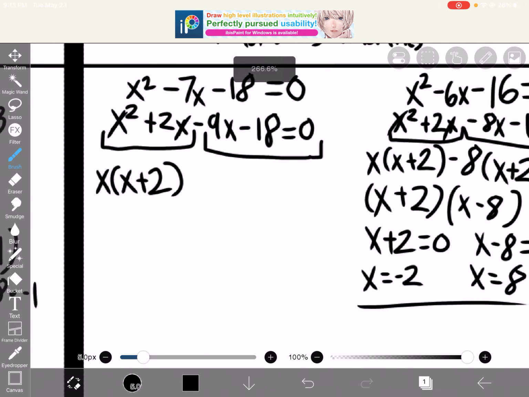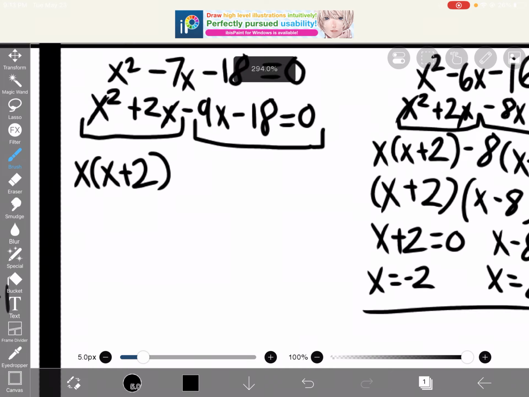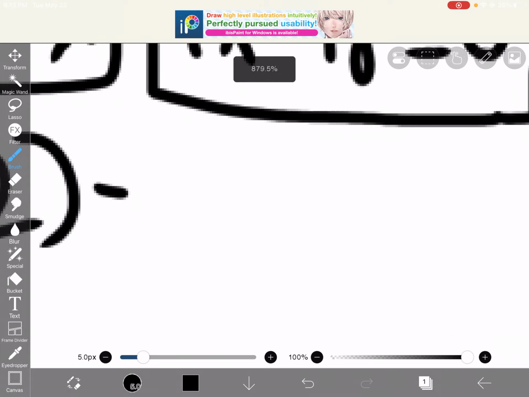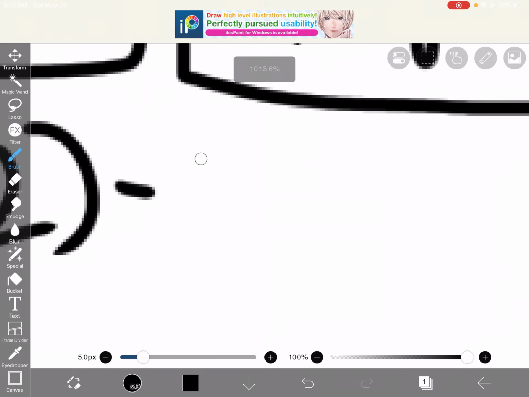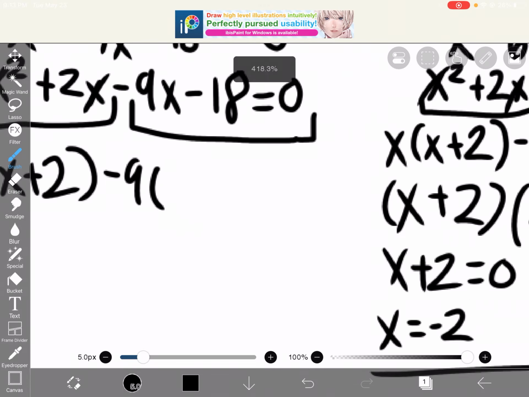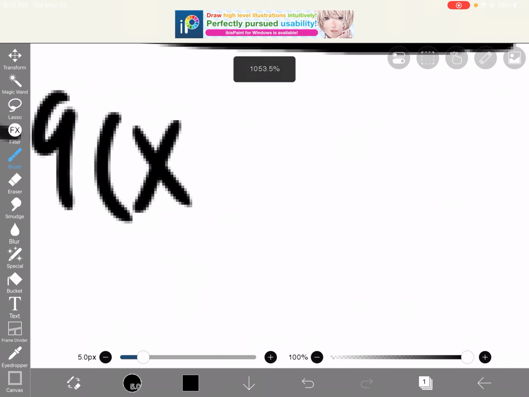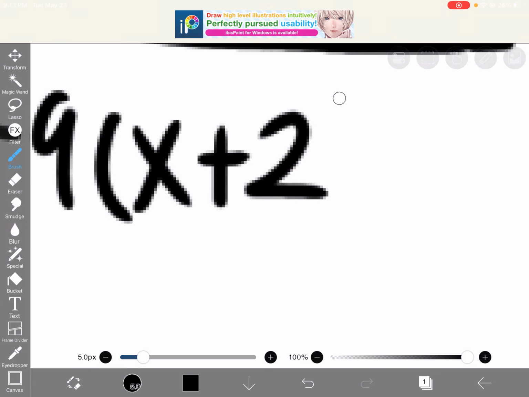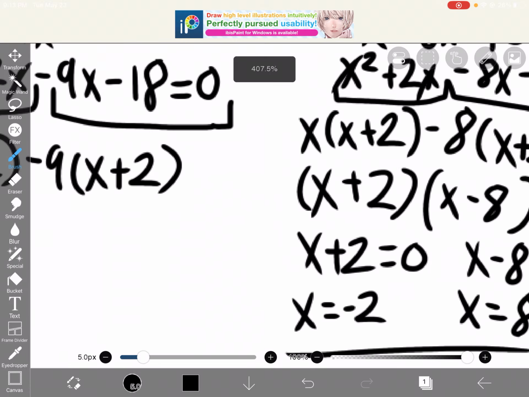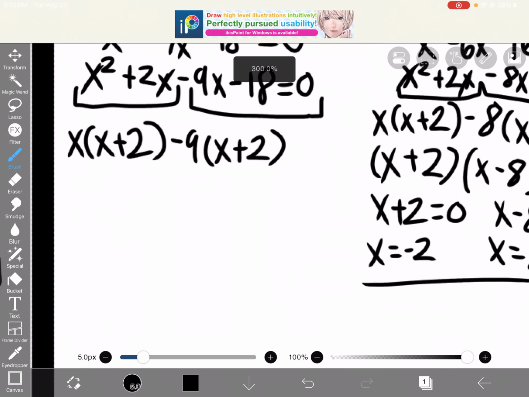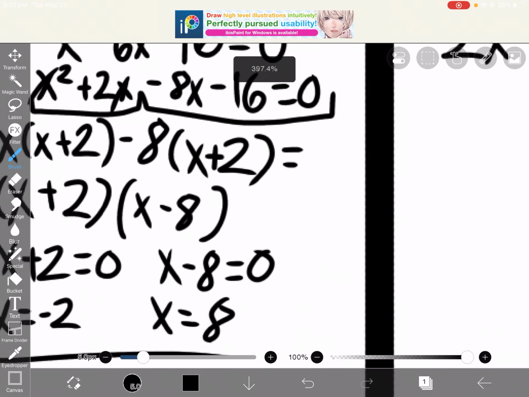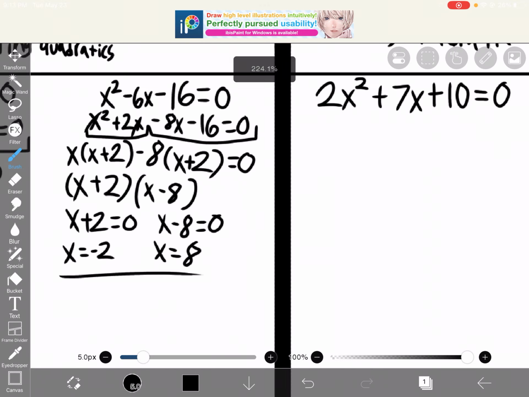So we get rid of that x there. And this would be minus, and the greatest common factor here is 9, so this would be 9 times parentheses x plus 2, because they're both negative. Let's add an equals 0 here. Sorry.